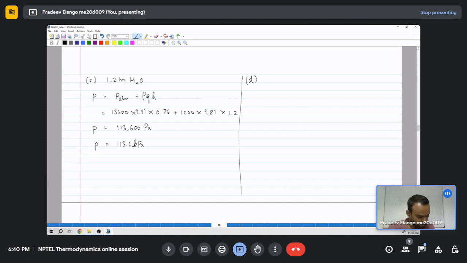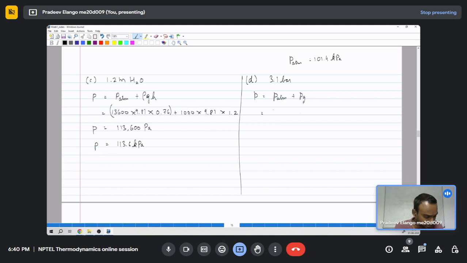And the next one is 3.1 bar. Here it is directly given in bar, so we have P atmosphere plus P gauge. It's better we calculate P atmosphere earlier. That is 101.4 kilopascal.